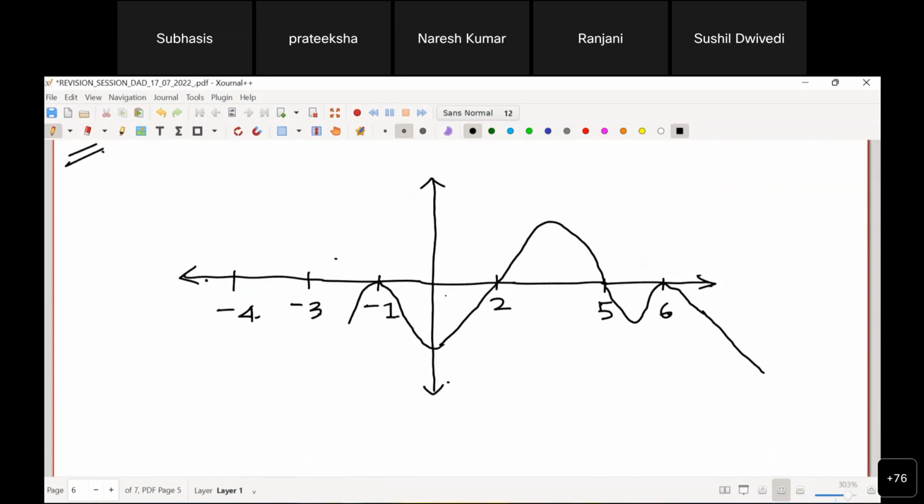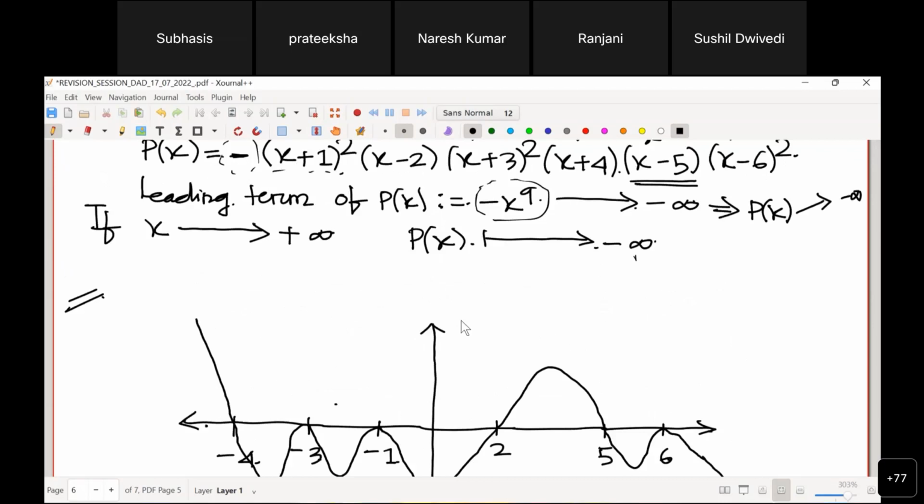So it will come like this and come to -3, and I guess the multiplicity of -3 is 2. Again it will bounce back, and the multiplicity of -4 is odd, so it will cross the x-axis, right?